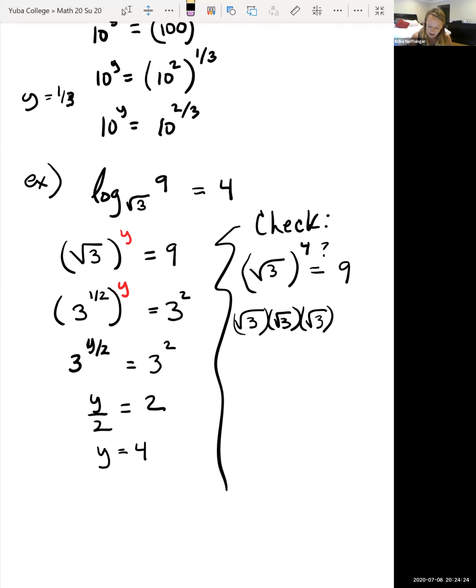Or by definition, square root of 3 to the 4th power is multiplying root 3 by itself 4 times. Square root times square root of the same thing is the same thing, and 3 times 3 is 9. Okay, so hopefully that kind of came back to you.